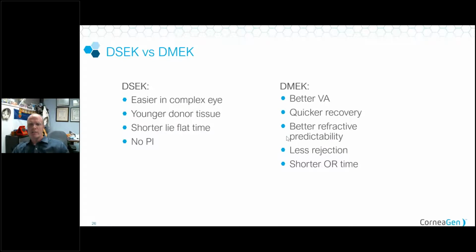I have a lot of patients that were sent to me back in the day of just DSEK that had multifocal lenses, and the Fuchs discovered later, and getting that bit of extra visual acuity that you get with DMEK makes it so that you don't have to exchange the multifocal lens. And then less donor tissue means less rejection.